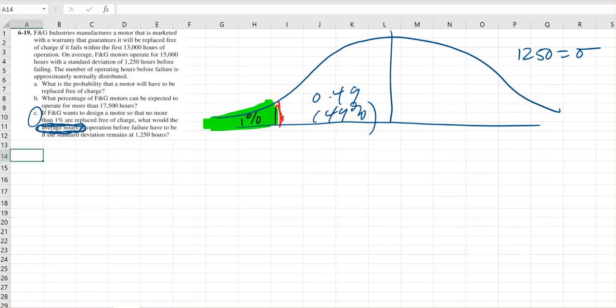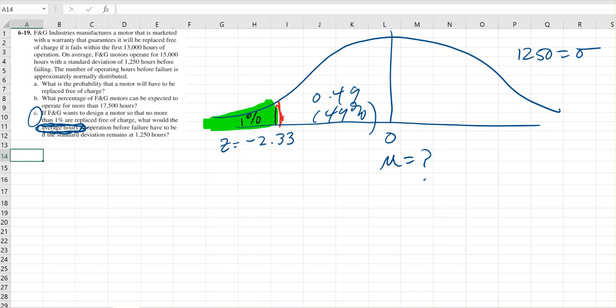Let's go back. So I know that this is a z-score of minus 2.33, right? I know that this is going to be 0. I need to find out what the average is, so mu is what we're looking for because it's asking for average hours. So we fill this in.